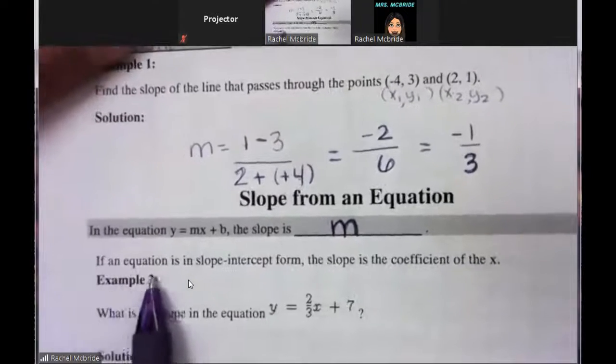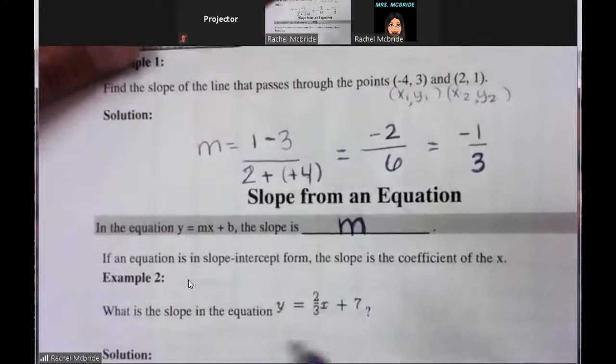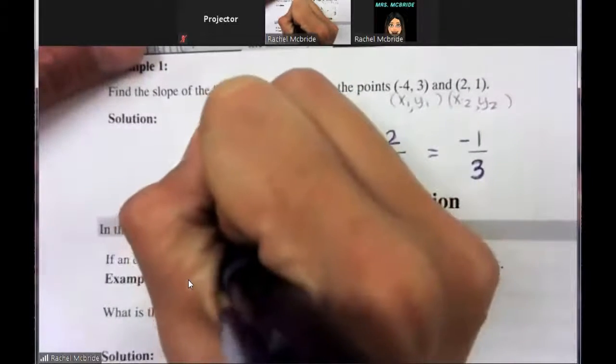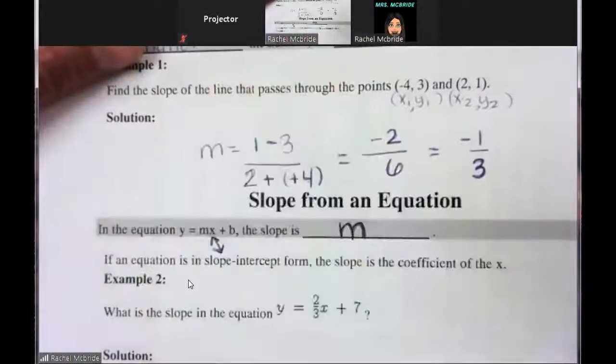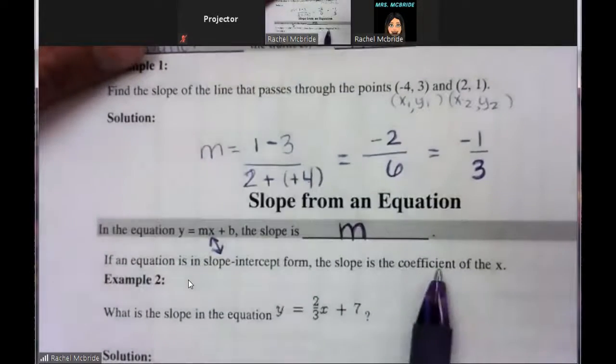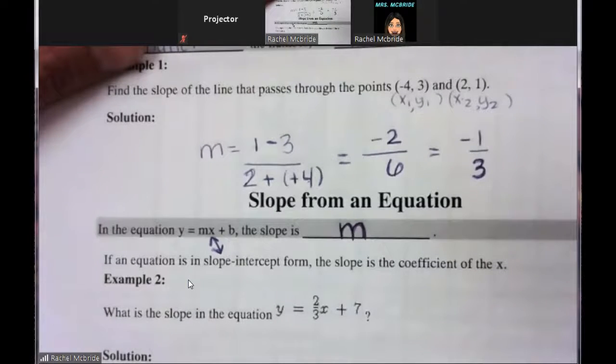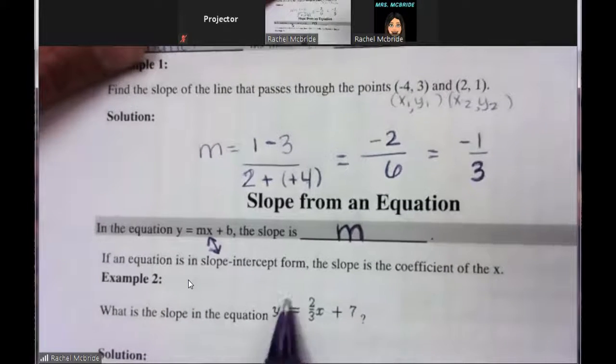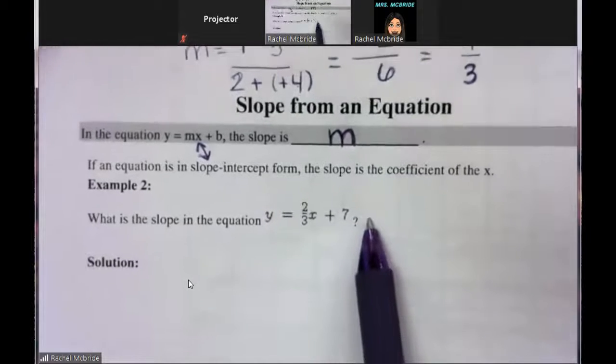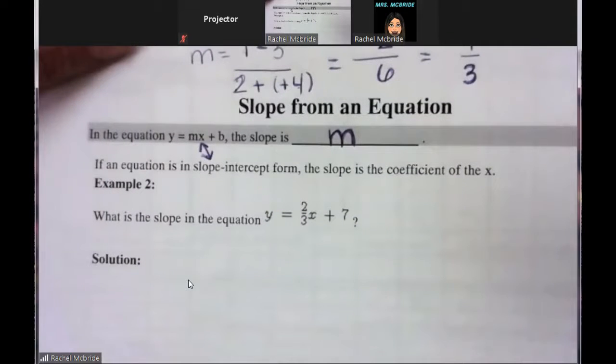Okay, so if an equation is in slope-intercept form, which is y equals mx plus b, the slope is the coefficient of x. We always relate it to m. So what is the slope of this equation here then? What's my slope, guys? What number? Madison?